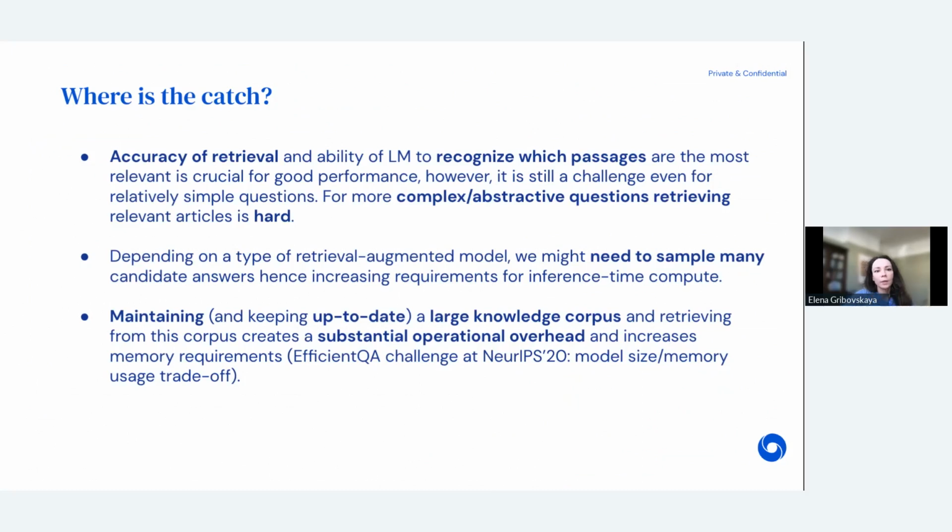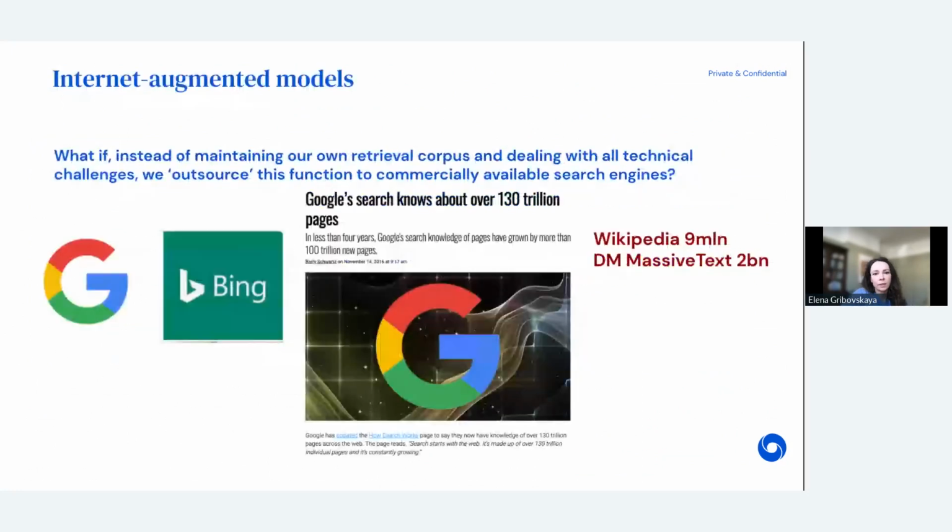So what if, instead of maintaining our own retrieval corpus and dealing with all technical challenges, we outsource this function to commercially available search engines? To put numbers in perspective: as I mentioned, Wikipedia contains about 9 million documents.